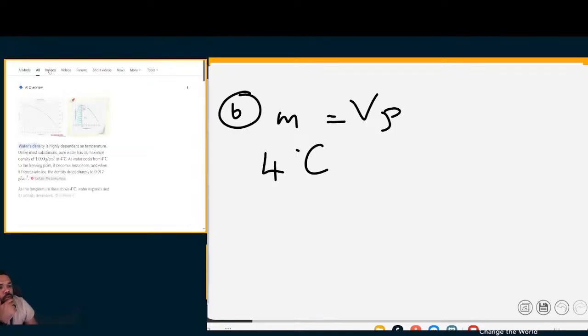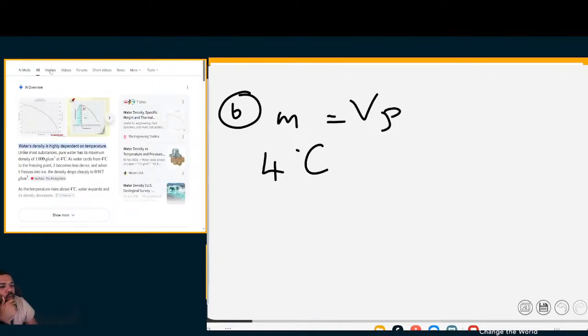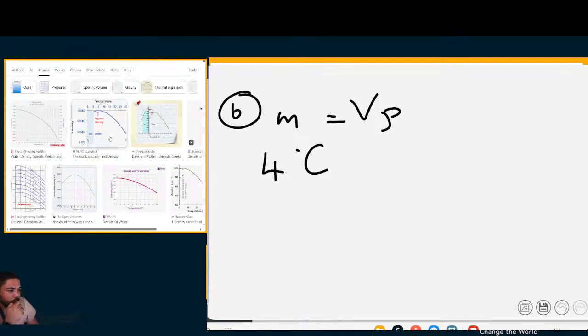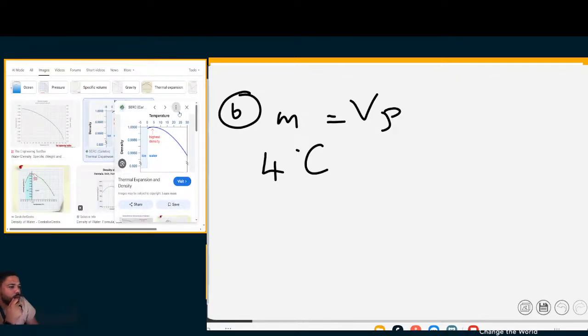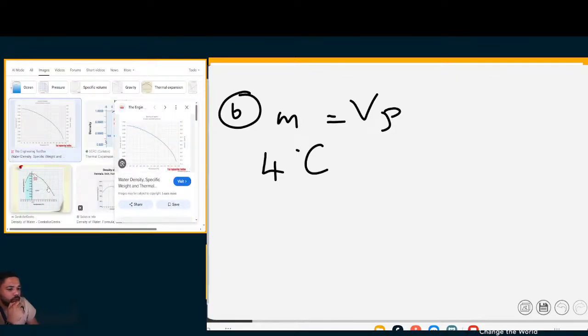There is usually a graph that they depict. Here, this is one of a good one, or I may rather see.